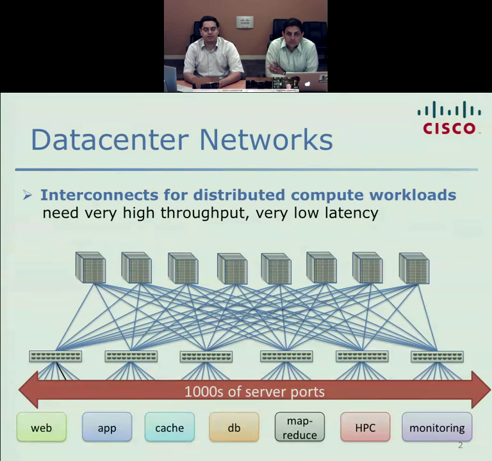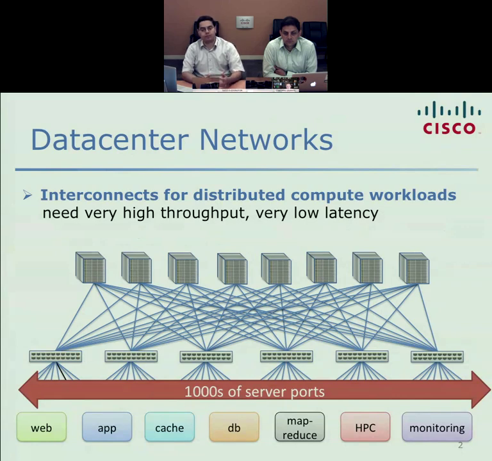If you look at common data center applications, whether it's a large-scale web service, big data analytics, or high-performance computing, they're all distributed applications. They all have lots of different components, spread across the servers in the data center, and these components extensively need to communicate with each other in order to make these applications work.